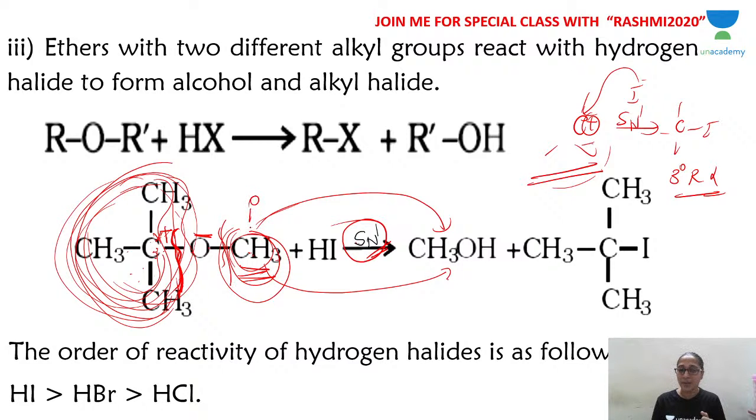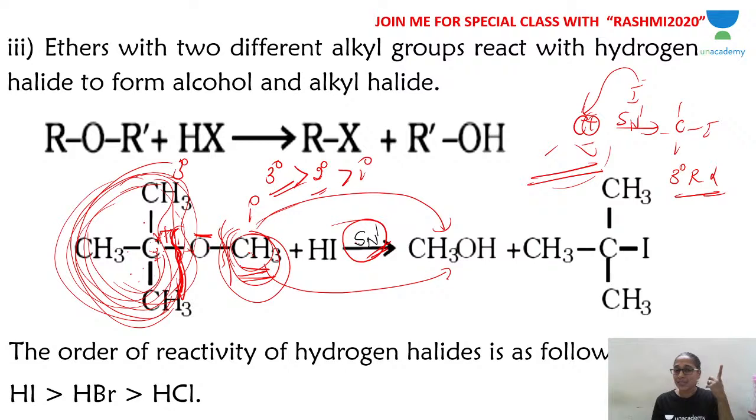You have a primary carbocation, and no substituted alkoxide. But if this bond breaks, you have a tertiary carbocation. Among these two, which is more stable? Without question, tertiary is more stable, because you have learned reaction intermediates: tertiary carbocation is more stable than secondary, which is more stable than primary. So tertiary and secondary are more preferred. If this carbon-oxygen bond breaks, a tertiary carbocation is formed, which is more stable.